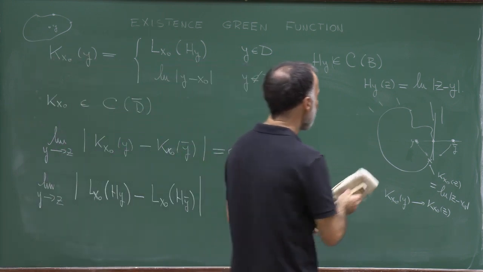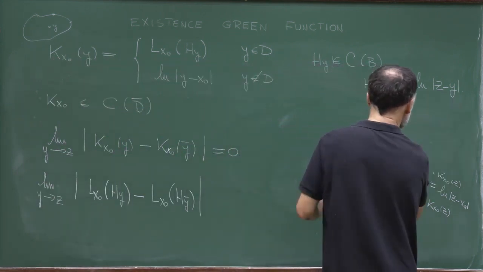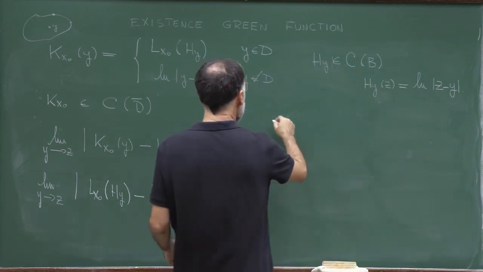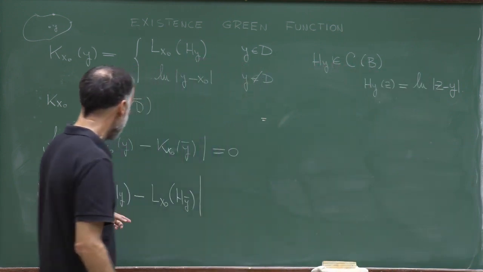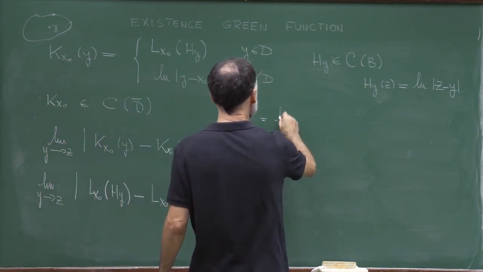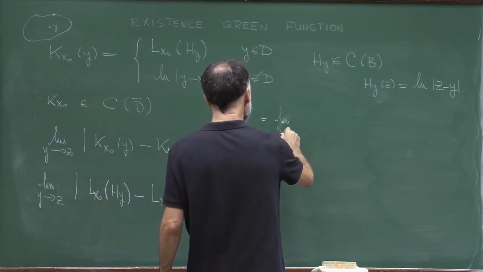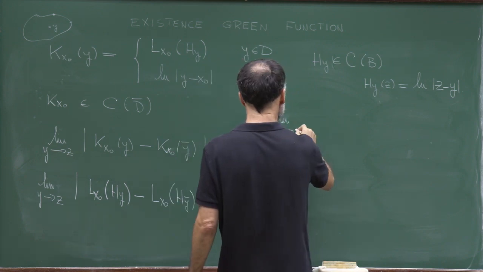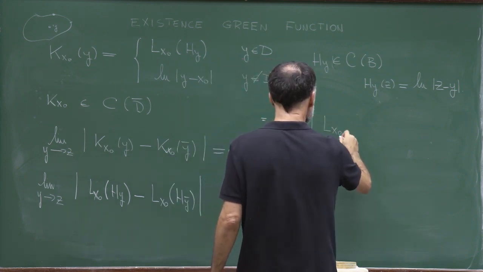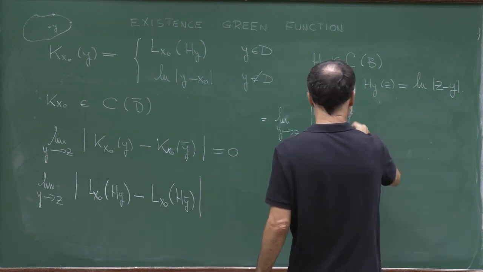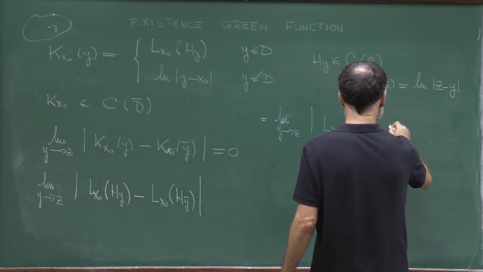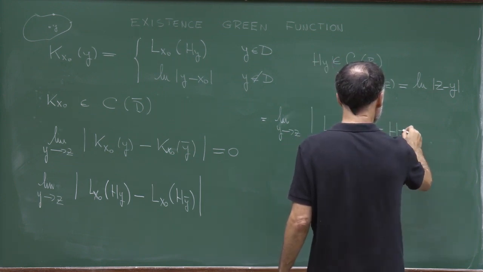So let me erase this picture. Again, by linearity, this is the limit of y converging to z of l_x0 of h_y minus h_y bar.